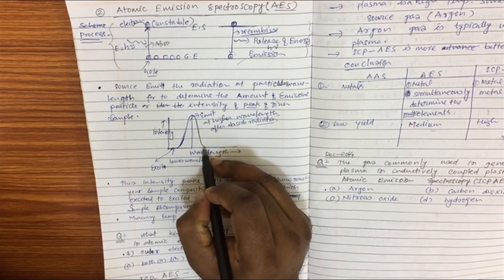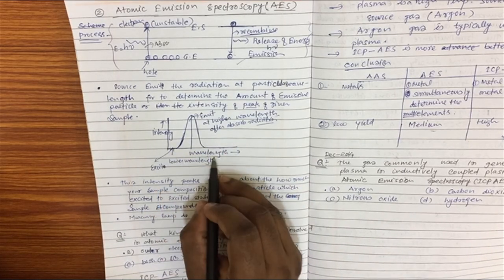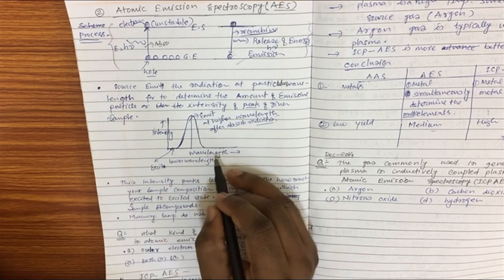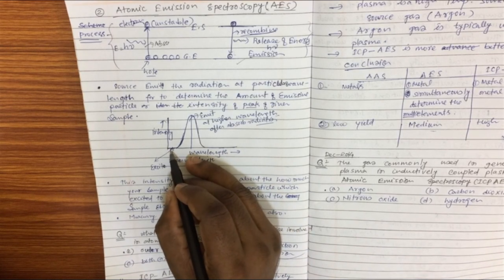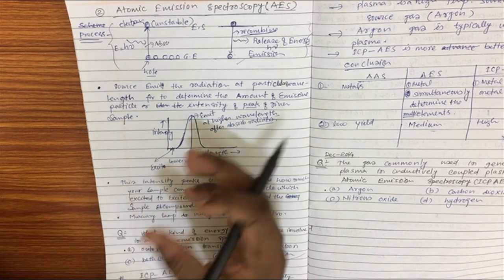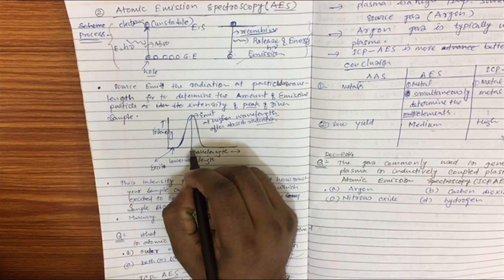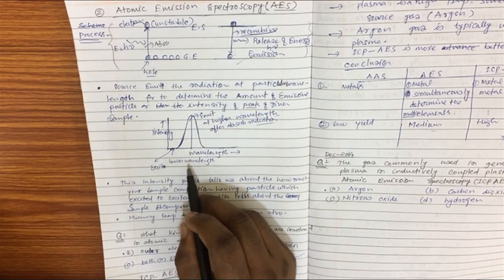So you will get the spectrum of intensity versus wavelength. Here is the lower wavelength, and here is the higher wavelength. If you go left to right, you excite at a lower wavelength with higher energy, and you get emission at a higher wavelength, meaning lower energy.